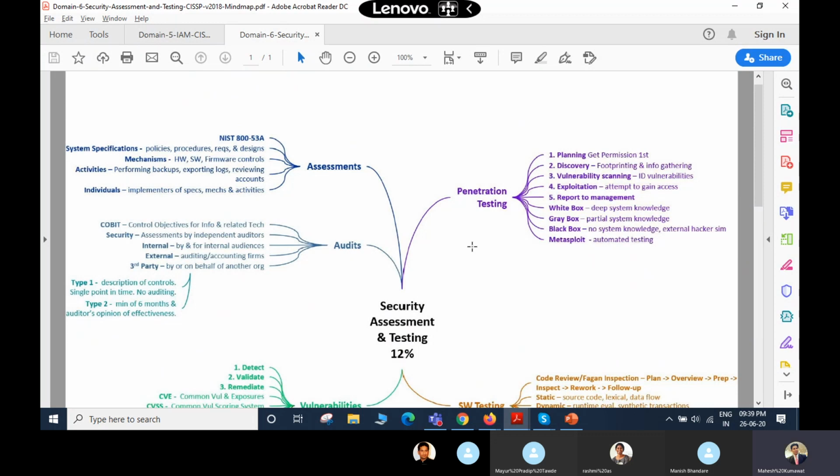So I have given you an example over there. Suppose Manish is working at a company. This is a production company, and suppose he's working on manufacturing. So suppose Manish is going to do the penetration testing in the company. What is the use case? What is required? What to do?